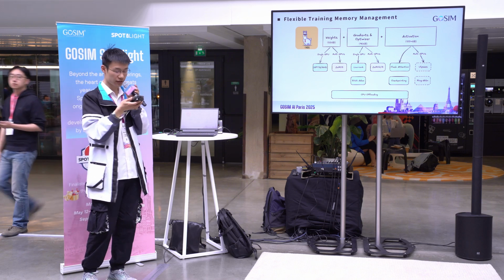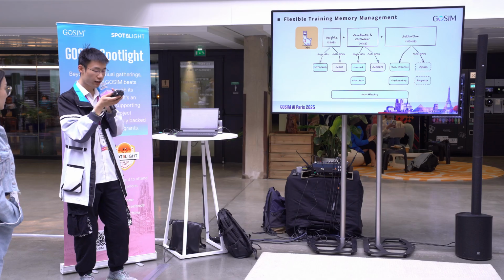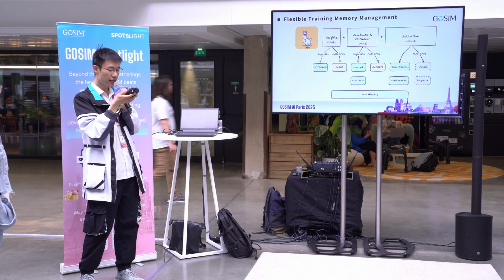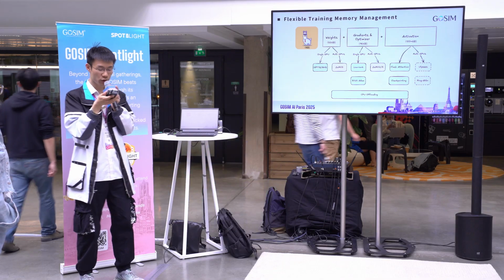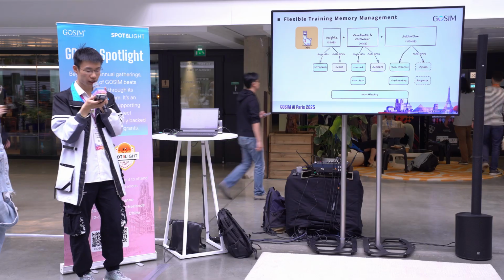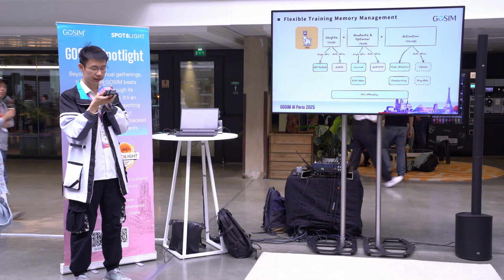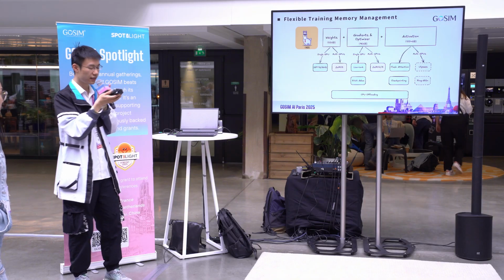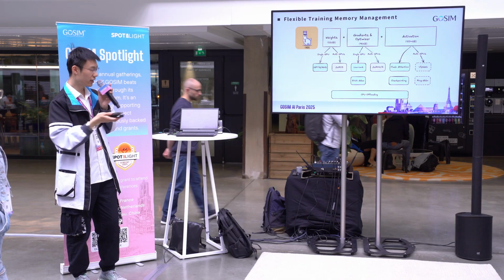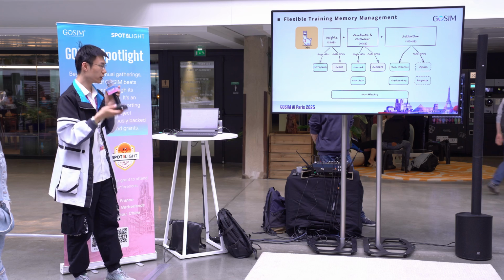Regarding the activations, we have flash attention and gradient checkpointing enabled by default. These techniques reduce the peak GPU memory usage through chunking and recomputation. Soon we will also integrate methods like Ulysses and Ring Attention to achieve sequence parallelism. Finally, we can even use CPU offloading to relieve the GPU memory load.